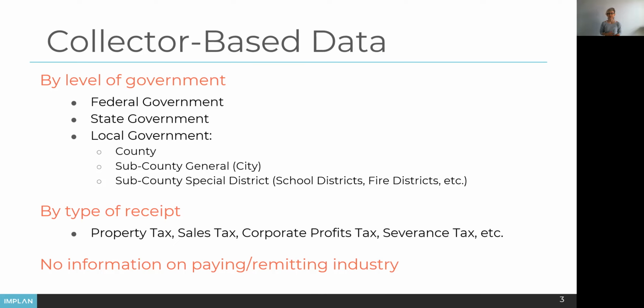Not all taxes are paid by industries, of course. Some are paid by households and things like that. But for the industry-based taxes, like sales taxes, and some industries pay property taxes, in this particular flavor of raw data, we don't have information on who's paying or remitting them. This is just based on who's collecting it, okay?